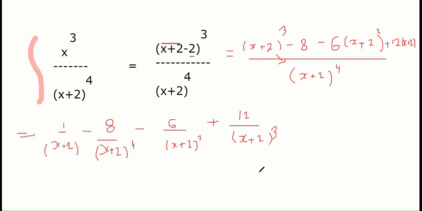Right or not? Everybody knows integration of (ax plus b) to the power n. Everything is in the form of (ax plus b) to the power n. So tell me now, I'll write it now. The integral sign is also here, I don't put it, but you can assume. What will be the integration of the first one, 1 over x plus 2?